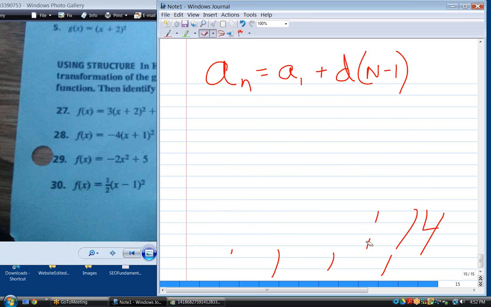Let me give you a sequence and have you give me what its specific nth term would be.